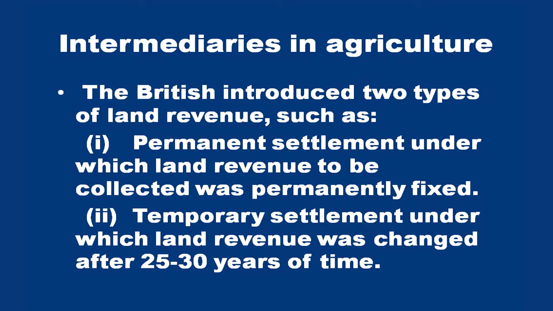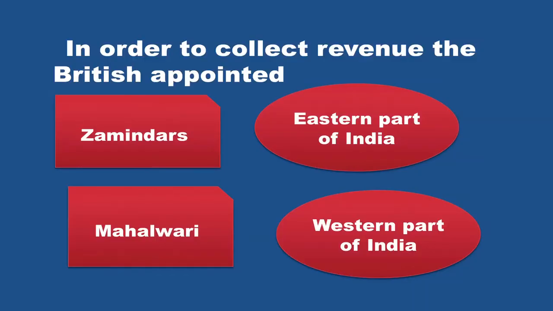So there were three important types of land settlement. There were three important types of intermediaries during the British rule. One of the important intermediaries in eastern parts of India were zamindars. The intermediaries were known as zamindars in the eastern part of India.